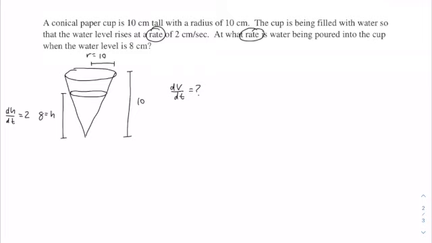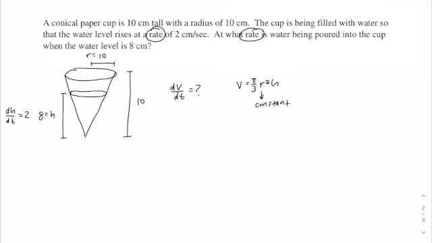Okay, so now we want to ask ourselves what principal equation ties in everything together, the radius, the height, and the volume. Well, we're given a cone, so the volume of a cone is pi over 3 r squared h. Now notice that we have two variables here, but r is a constant value.